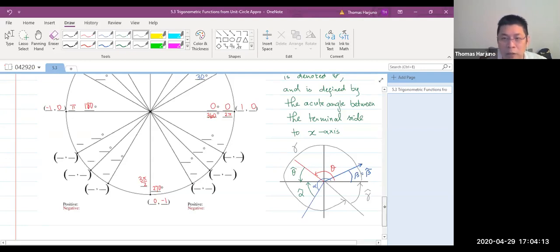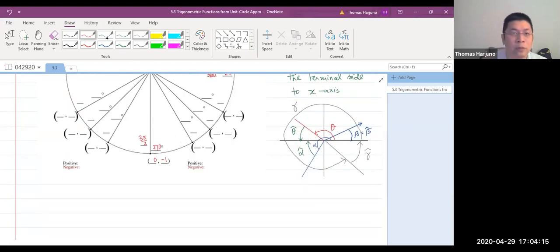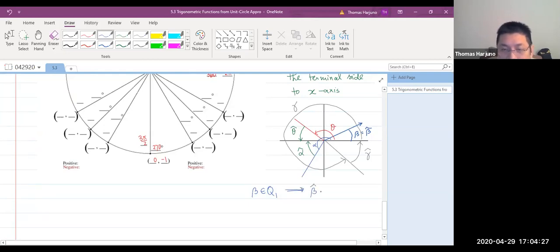Now you see the following. Suppose beta is in quadrant 1. Then the reference angle will be just the same as that angle. It's already in quadrant 1, it's already acute. Now, suppose the angle is in quadrant 2.